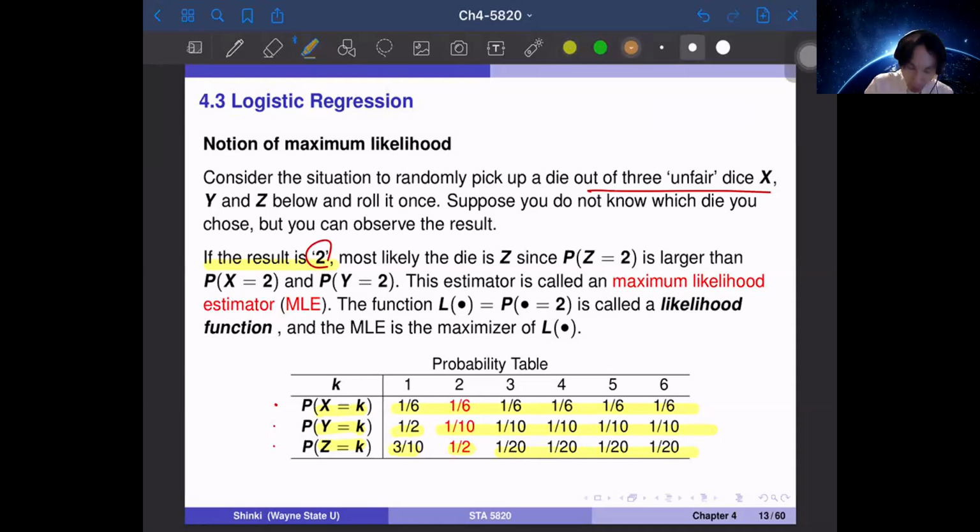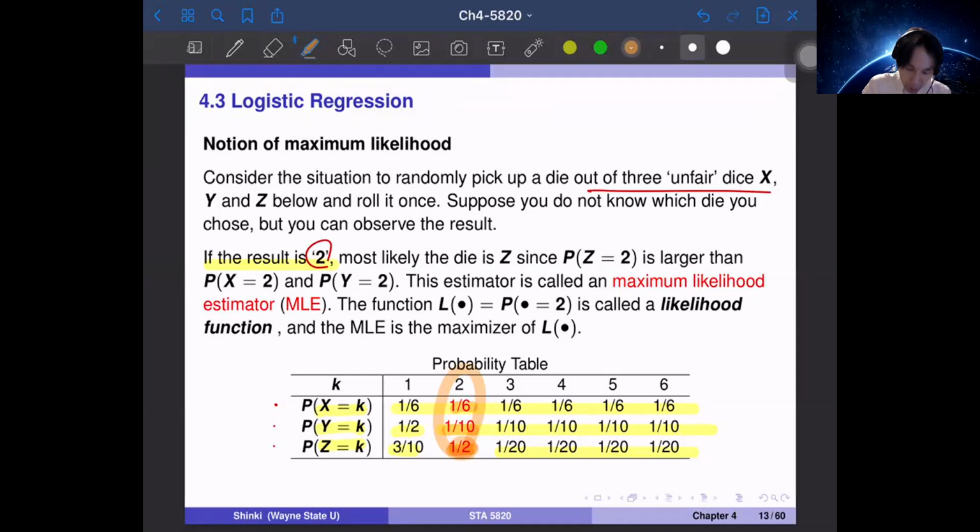The idea is to compare these 3 vertically, comparing these probabilities. Which is the largest? You can see that die Z has the largest probability of having 2. So our maximum likelihood estimate is Z. That is the maximum likelihood method.